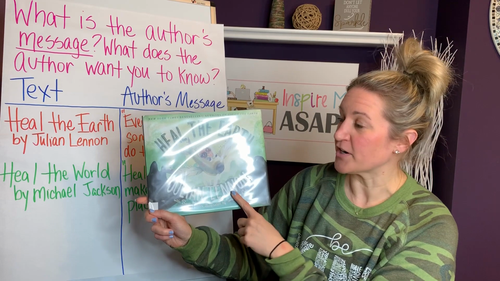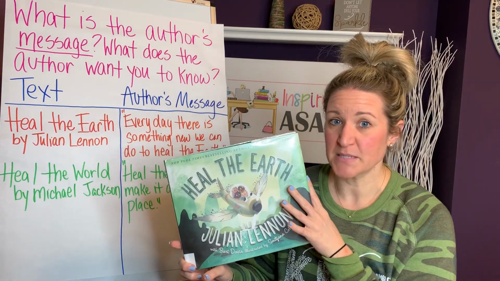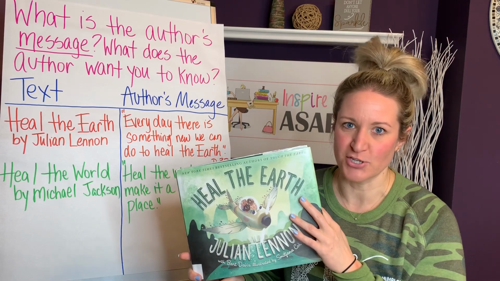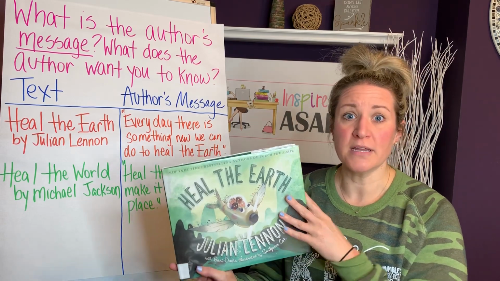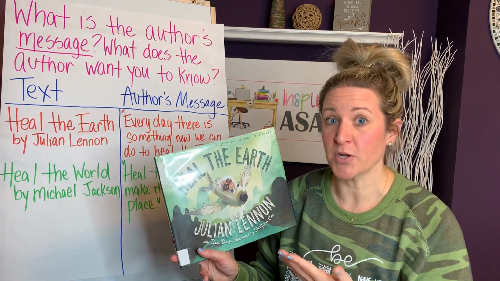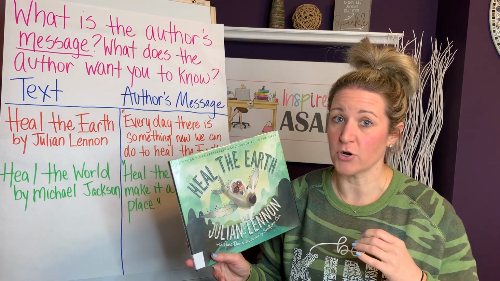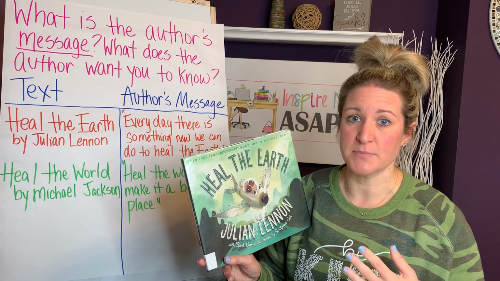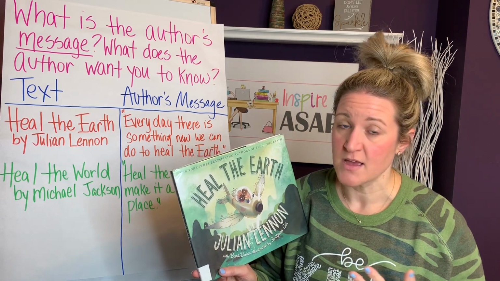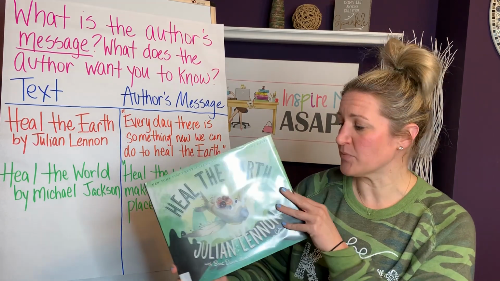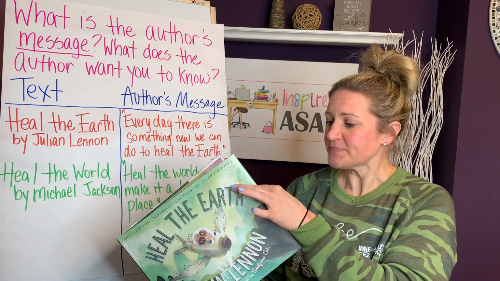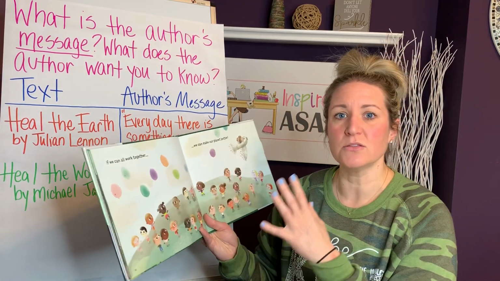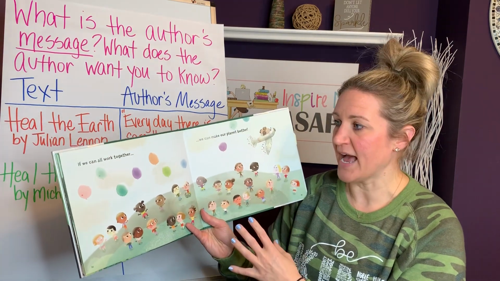This is a beautiful book for so many reasons, I already said. Julian Lennon is the author. But one of the reasons why I love this book is because it explicitly states what the message is. One of the lessons I could do is inferring what the author's message is. And for older students in older grades, you might be focusing more on author's message with making inferences. But for my second graders, I am going to start by identifying the author's message by literally looking back for evidence in the text.